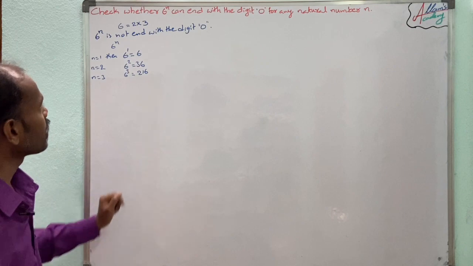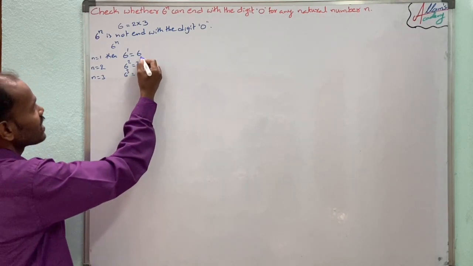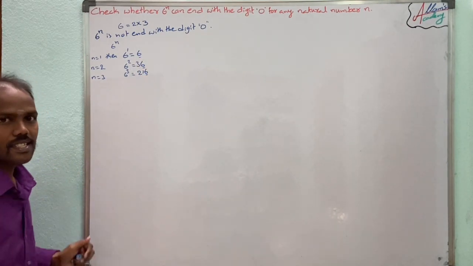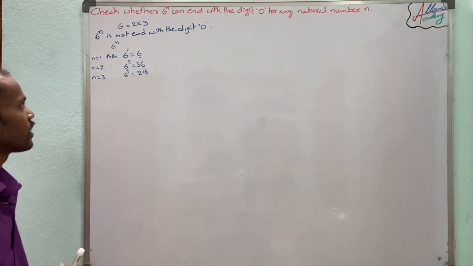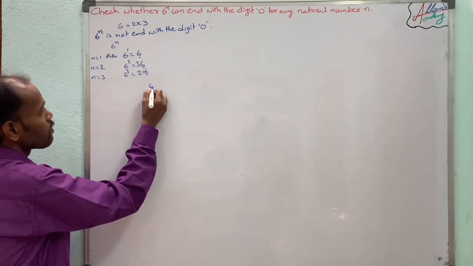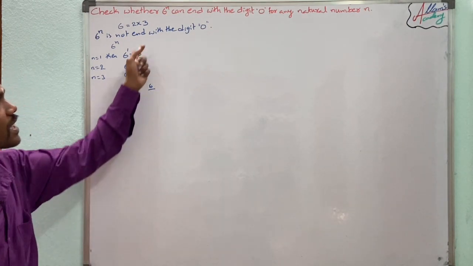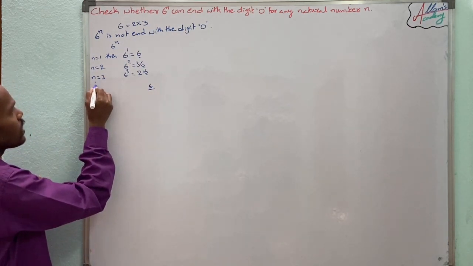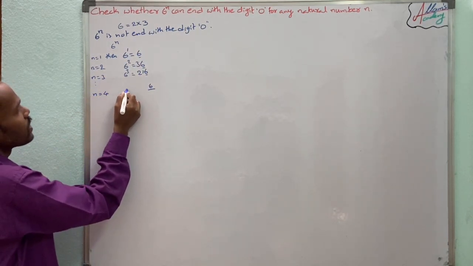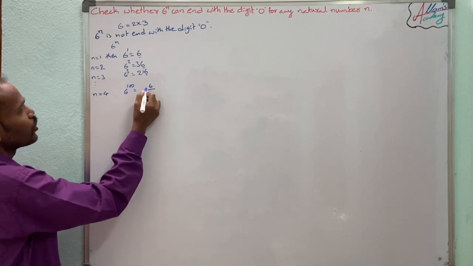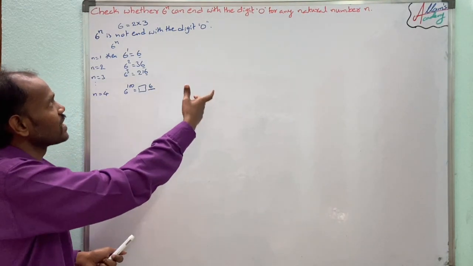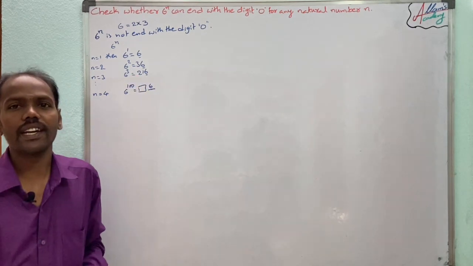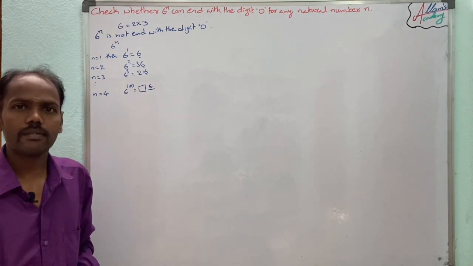So if we observe, the last digit is 6 every time. Whatever power of 6 we take, the units place is 6 only, not 0. Even for 6 power 100, the units place is 6. So the last digit of 6 power n is 6.